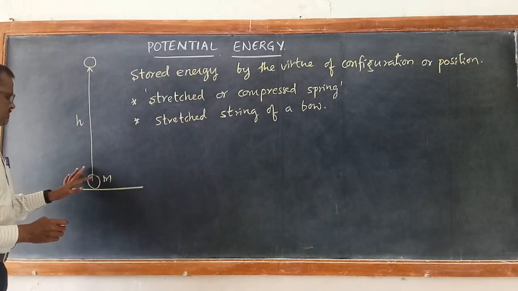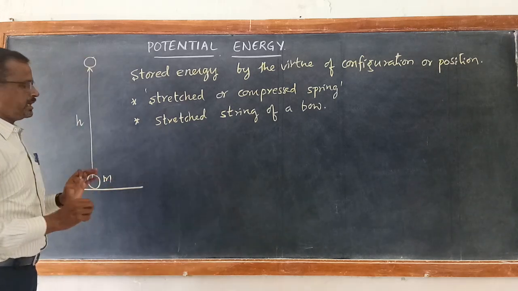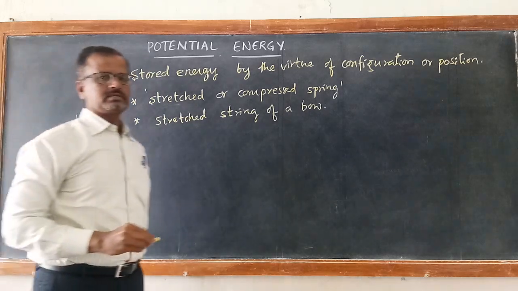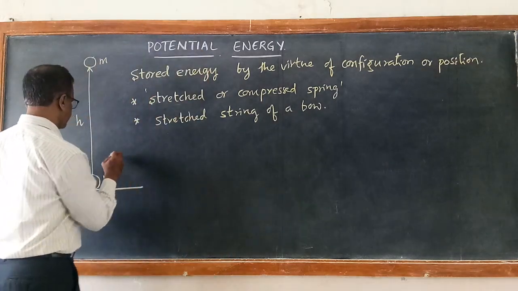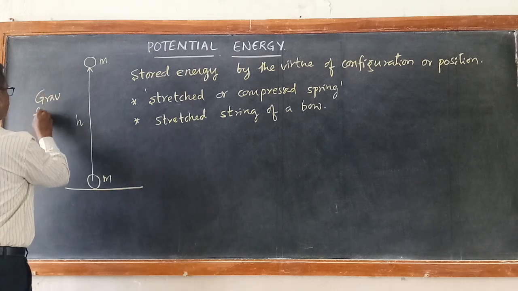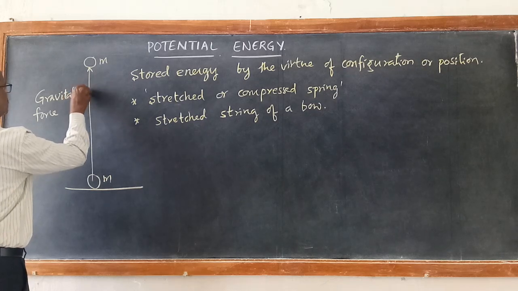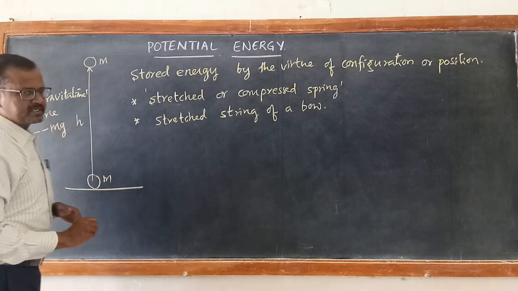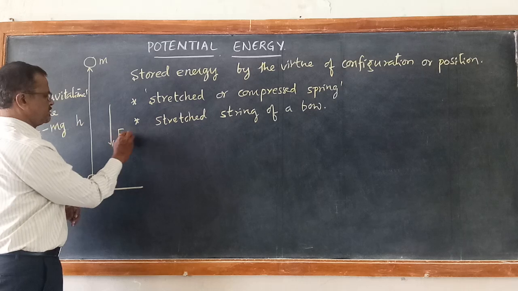So, when you raise the ball of mass m to a certain height h, at every point there is a force acting vertically downwards. What is the gravitational force here? It is minus mg. Why minus mg? Because the gravitational force acts vertically downwards.